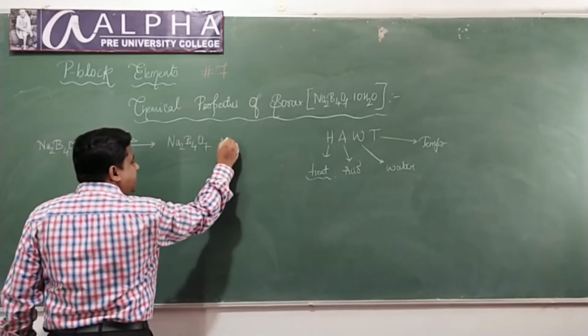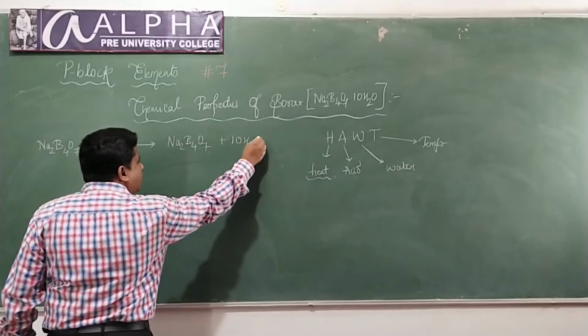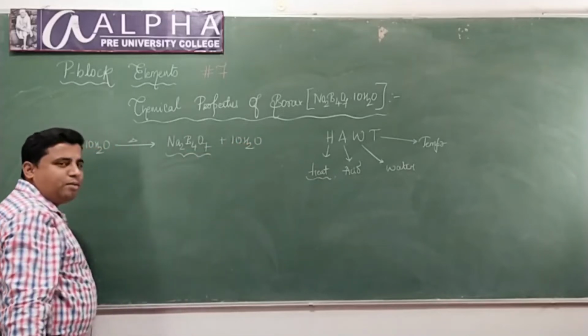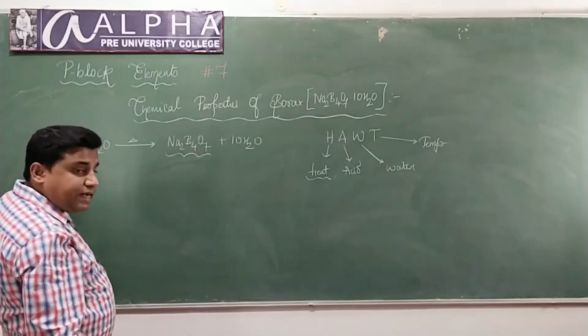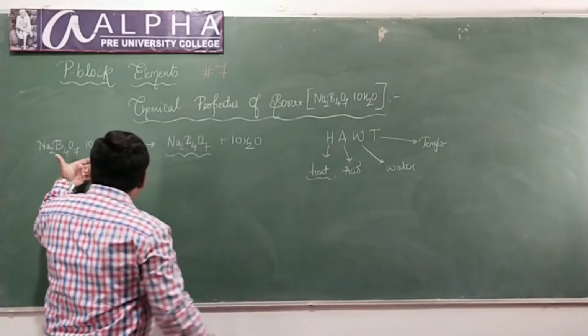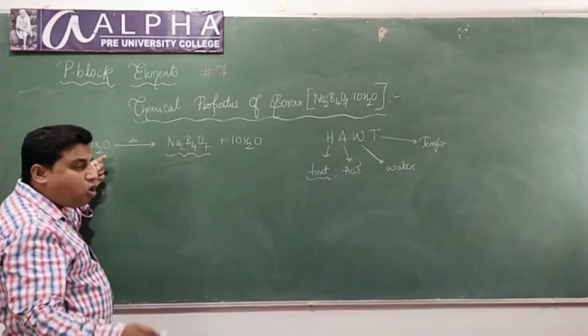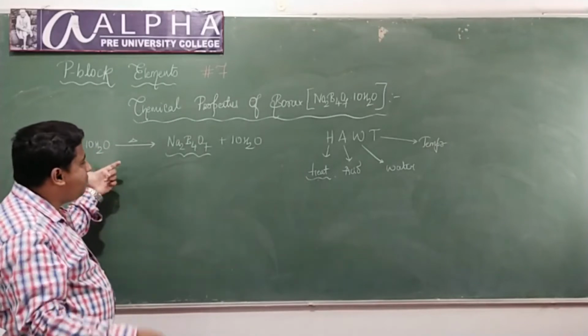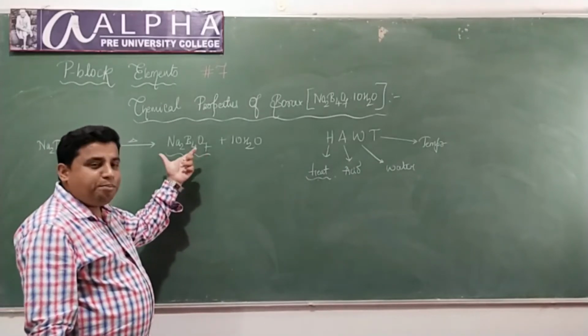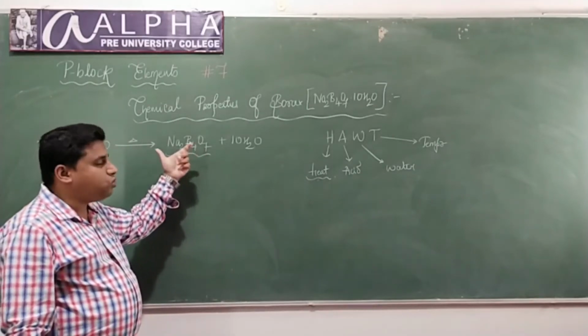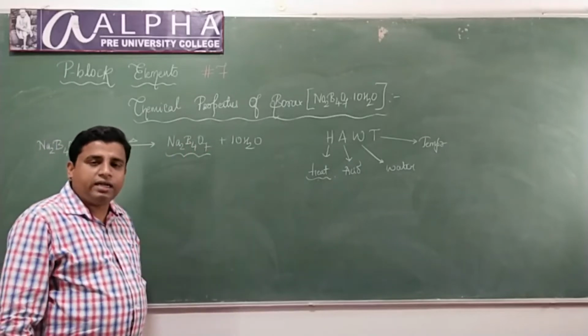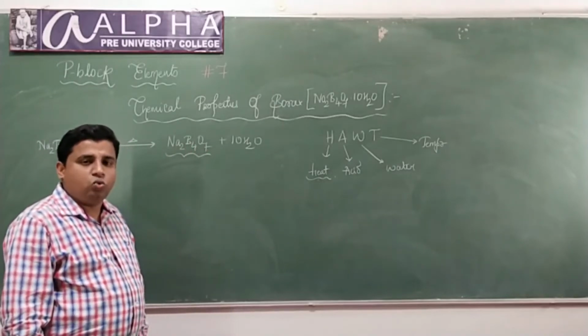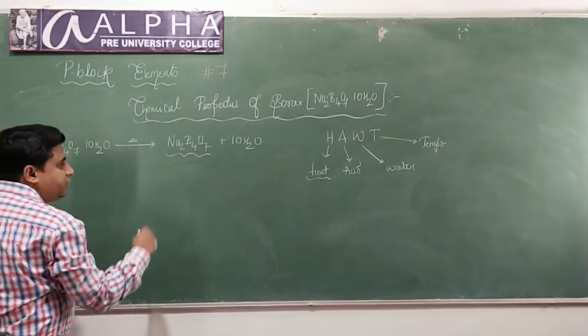Na2B4O7 plus 10H2O. Is this correct? What is this? Sodium metaborate. Understood? When I heat it, all the water molecules will evaporate, giving rise to sodium metaborate, Na2B4O7, plus 10H2O. Got it? Now let us continue with the next step.